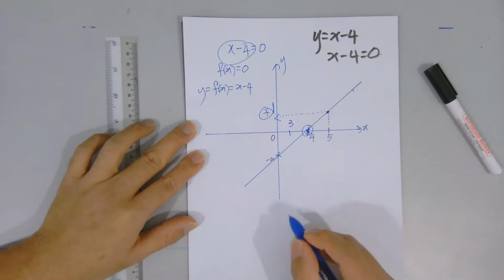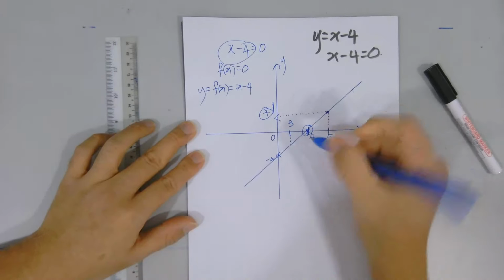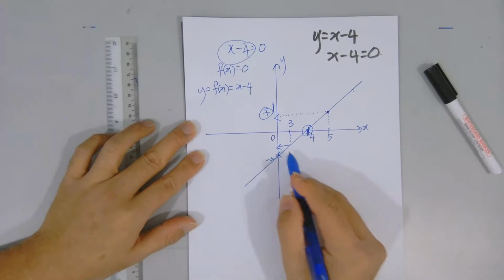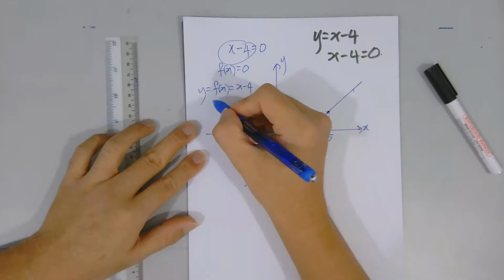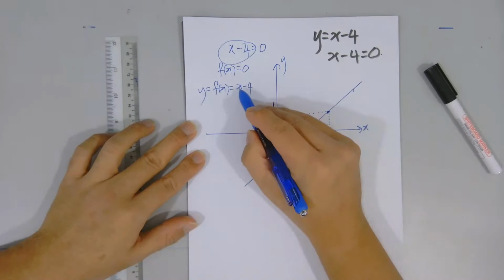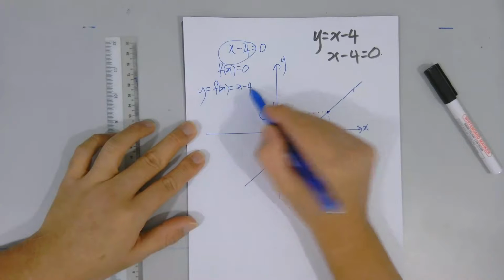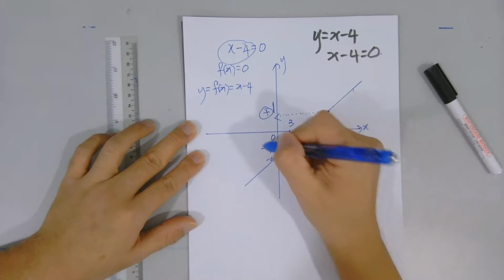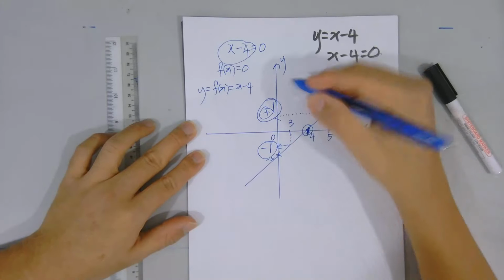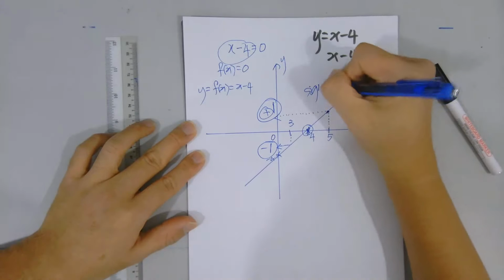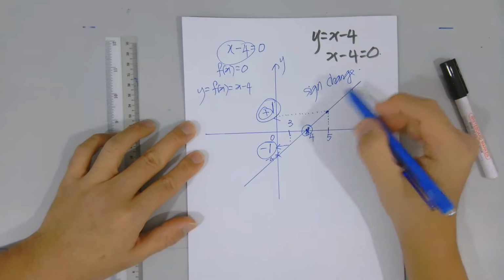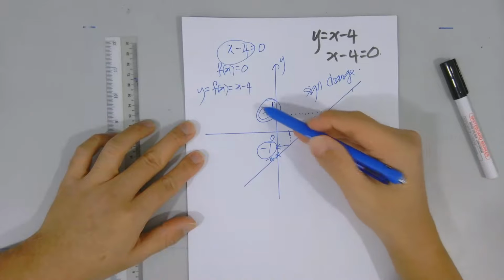While x is 3, the y value will be negative: 3 minus 4, you get negative 1. Negative 1, positive 1. Can you see the sign change? This is called sign change, the change from positive to negative, or negative to positive.